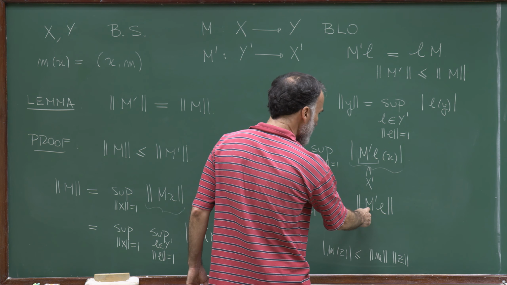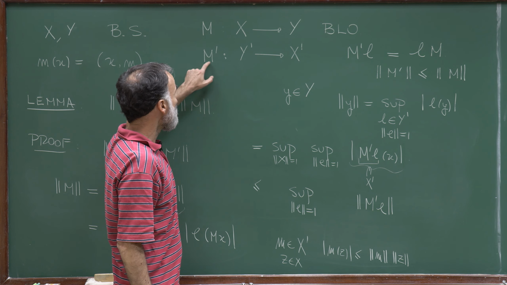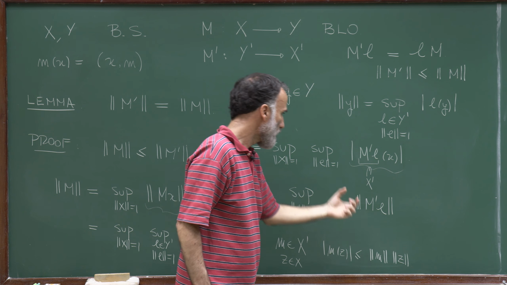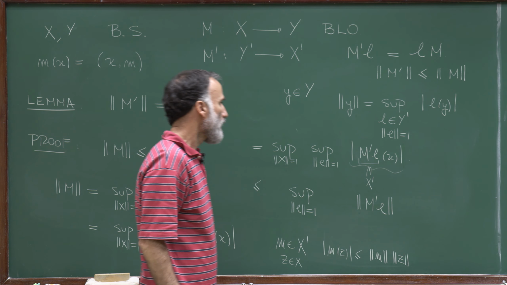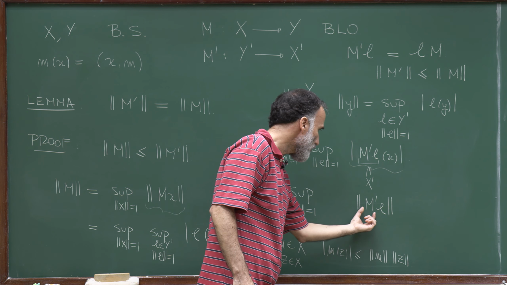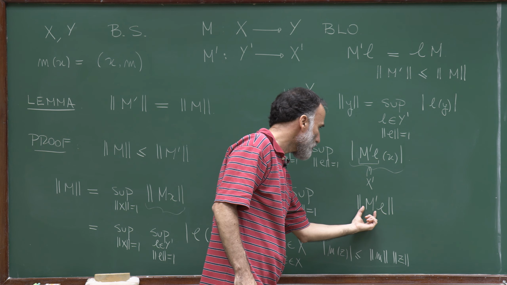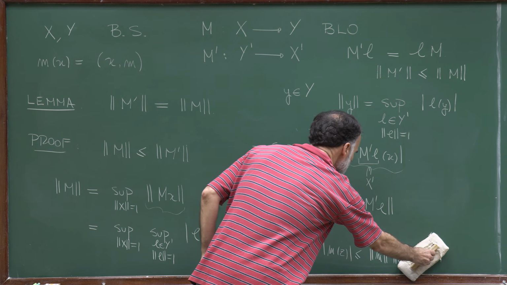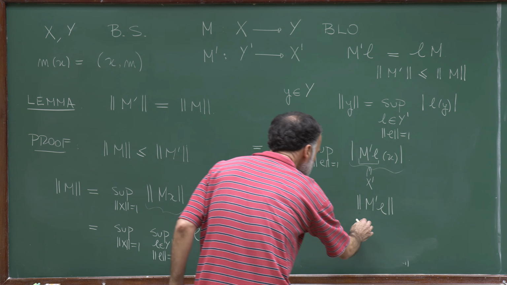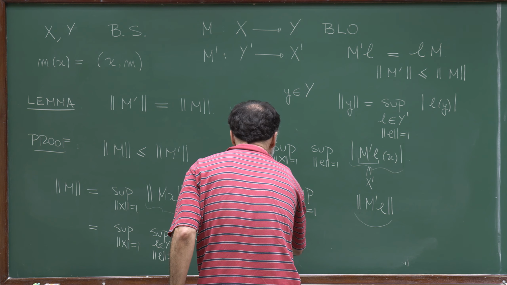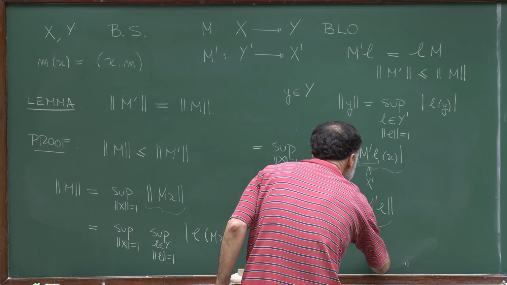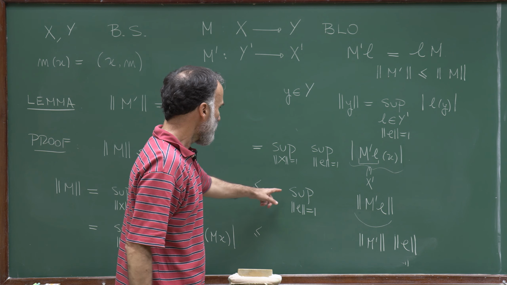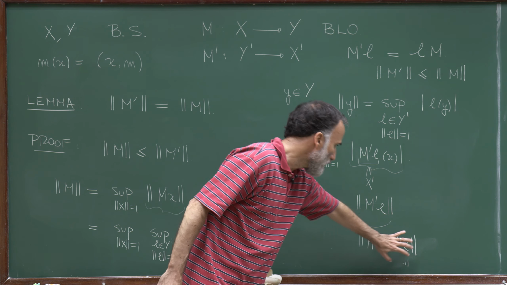Now, we know that M prime is a bounded linear operator from Y prime to X prime. It's bounded, so we know that the norm of M prime applied to L is bounded by the norm of M prime times the norm of L. So this expression here is bounded by the norm of M prime times the norm of L, but the norm of L, because L has norm equal to 1, is 1.